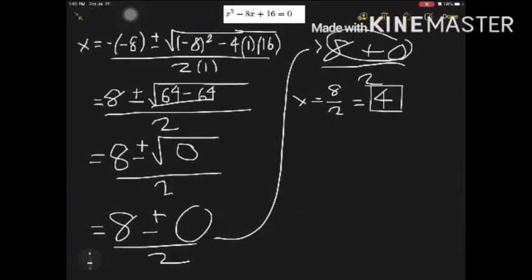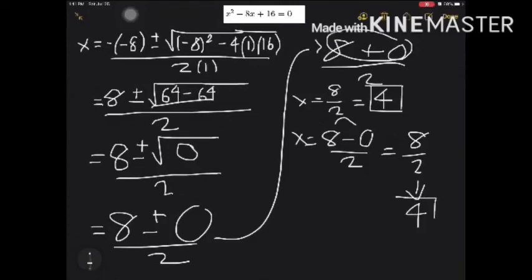Then our second x is 8 minus 0 over 2, which is 8 over 2 still. Simplify, 4. So as you may notice, we have two equal real roots, both being 4. So that's our second case, and we're going to move on to the third case.